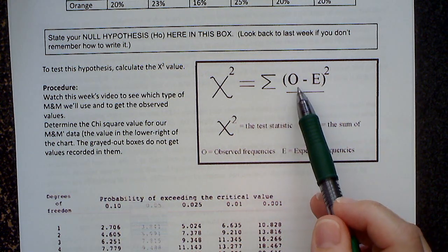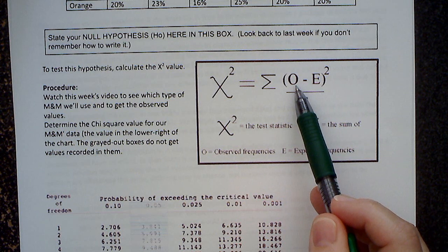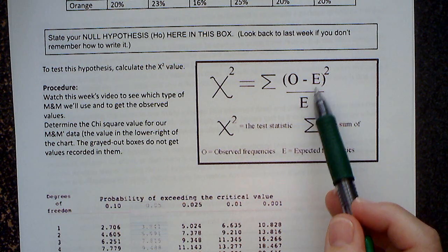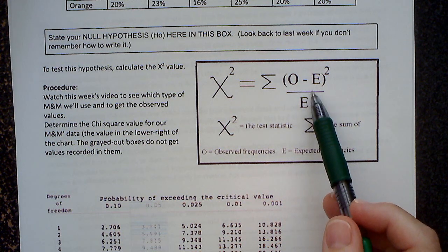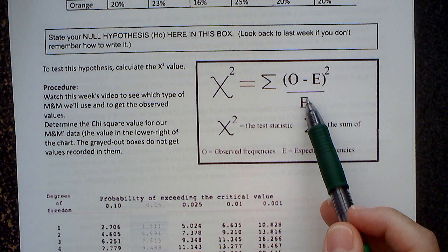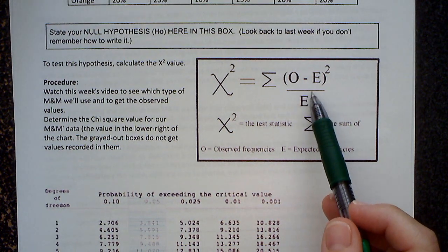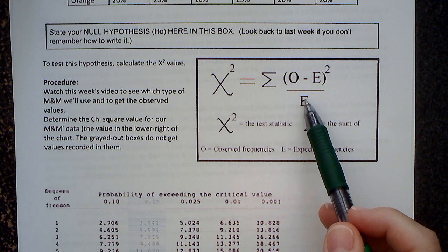And so what we need is observed data, and that's what we collect during our experiment, and then our expected data with the E. There's different ways to get the expected data. It depends on what it is you're actually testing. Many times to get expected data, sometimes they'll just divide everything equally and expect equal values for all of their categories.